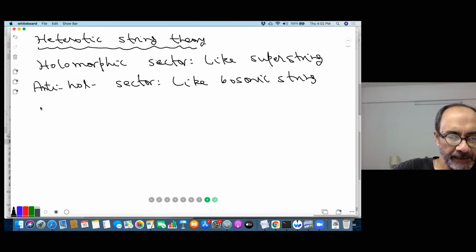Which basically means that there are no beta bar, gamma bar, or equivalently xi bar, eta bar, phi bar, and there are also no psi bar.